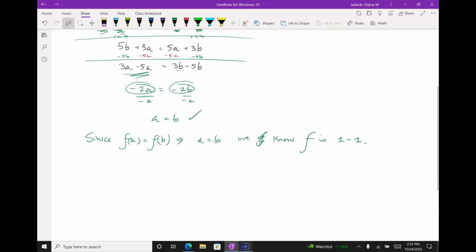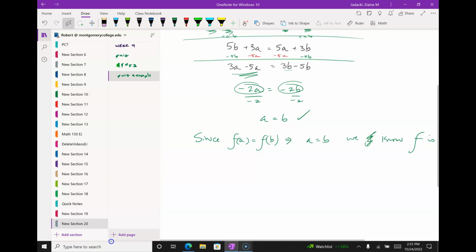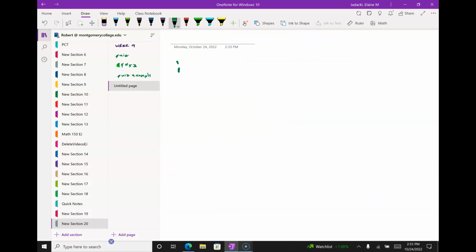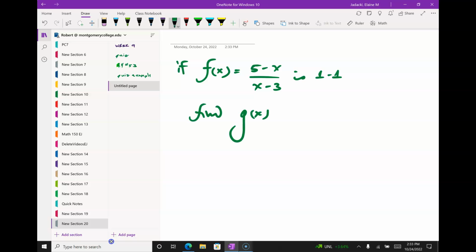All right, let's find the inverse. So we're going to find g of x equal to f inverse of x. Anybody remember how to start?